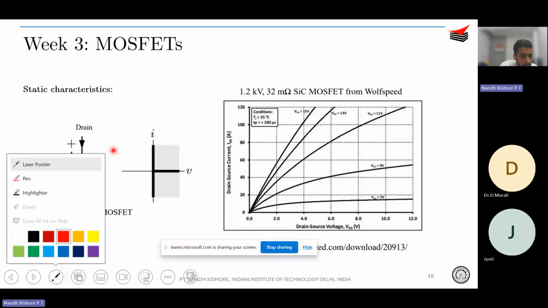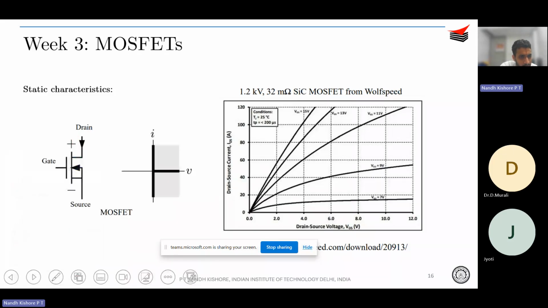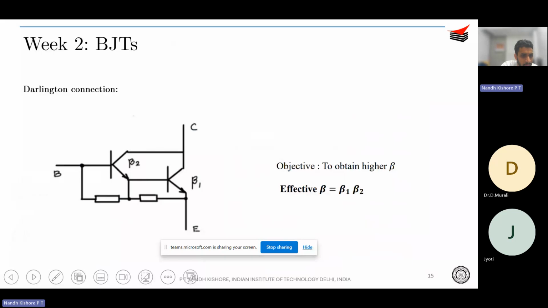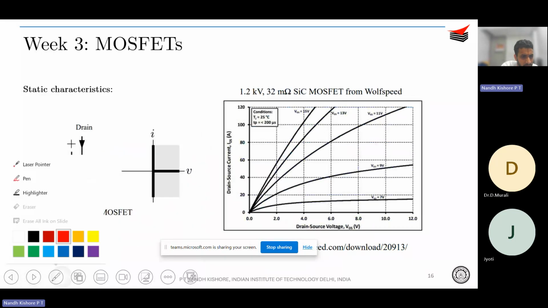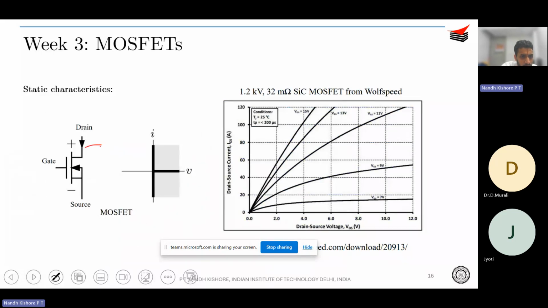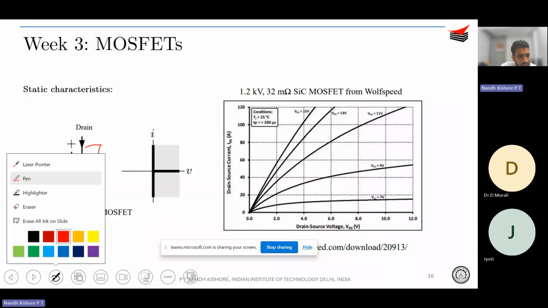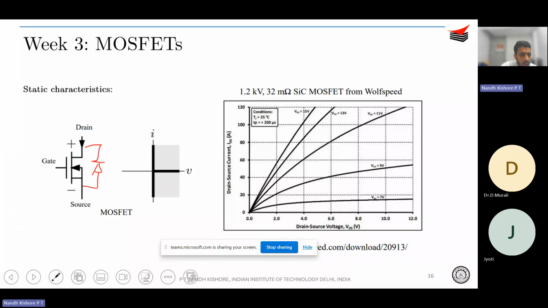Why is it possible? The reason is that there is an anti-parallel diode across your drain to source. The diode being an uncontrolled device, when you apply a positive voltage from source to drain, the diode would turn on.